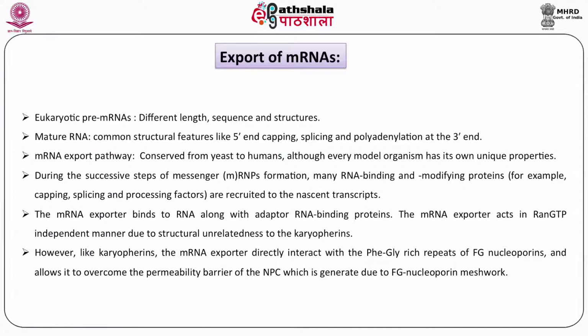Now students, we will talk about the export of mRNAs. Eukaryotic mRNAs are synthesized by Pol II as pre-mRNA and have different lengths, sequences and structures. However, mature mRNAs basically share common structural features like 5' end capping, splicing and polyadenylation at the 3' end.